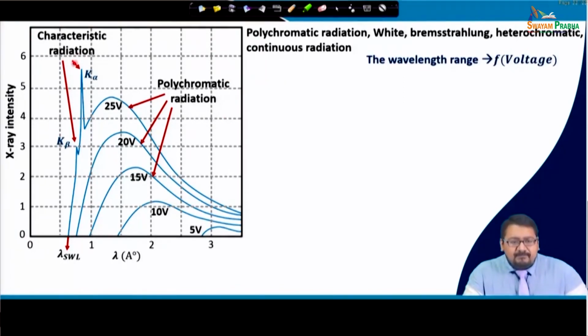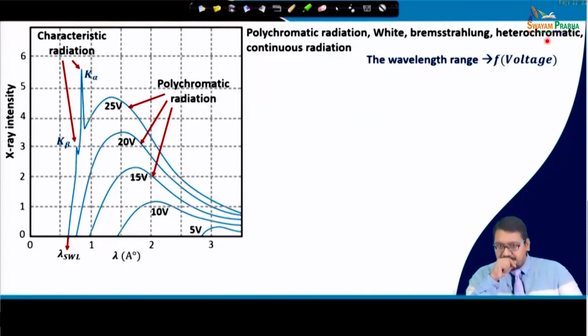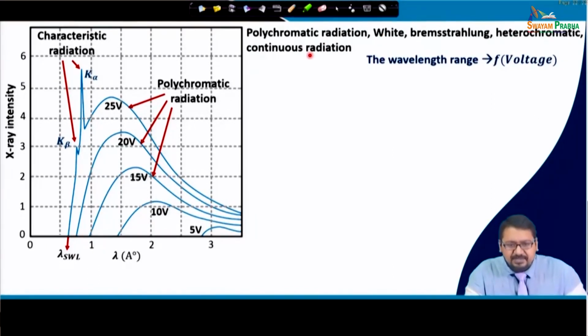The continuous radiation is a polychromatic radiation, also known as white radiation, heterochromatic radiation or continuous radiation. And you see that this continuous radiation looks something like this.